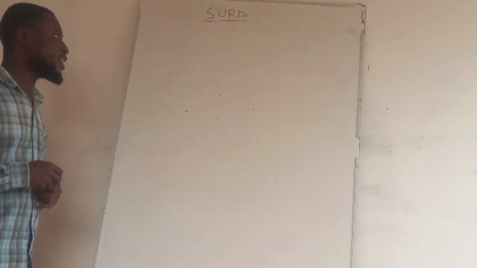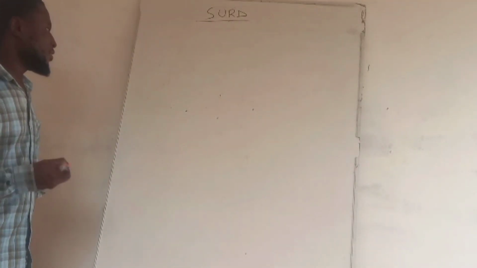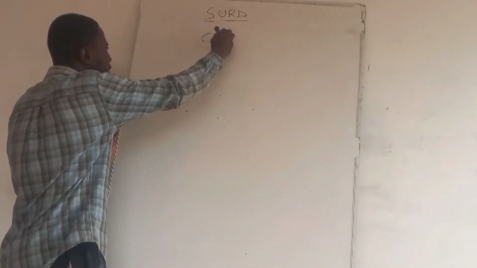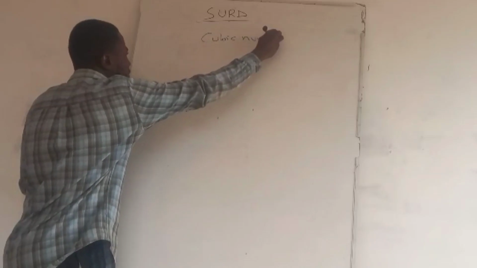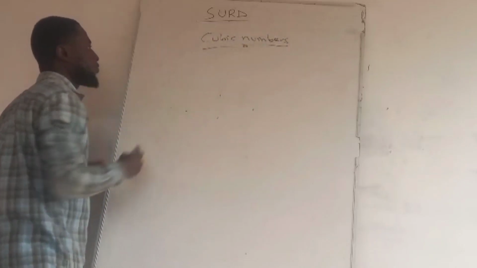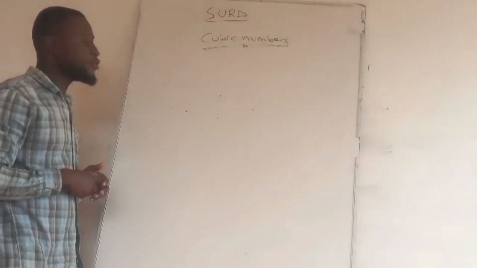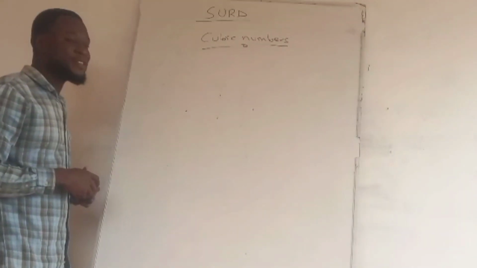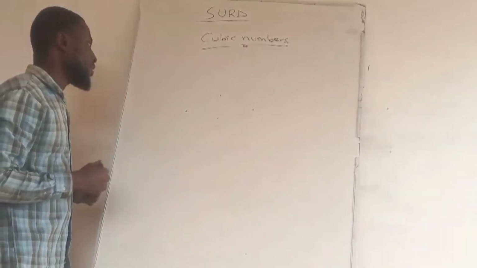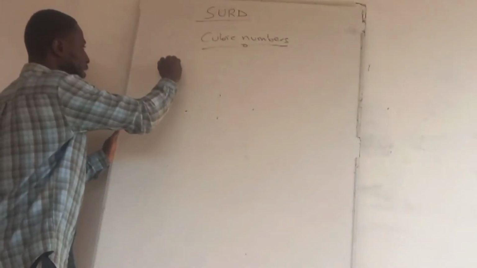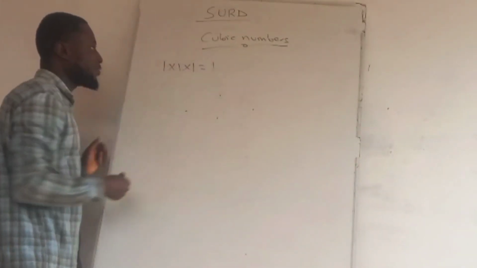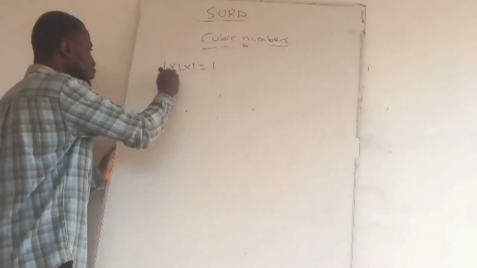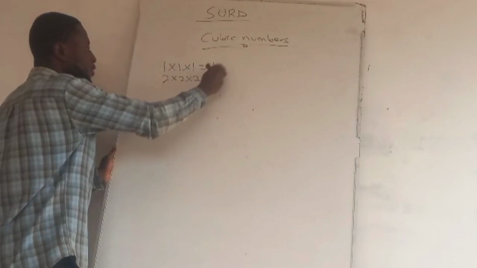So let's start by looking at the cubic numbers which are considered as sets. First of all, you have to know your cubic numbers. When we say cubic numbers, we are talking about a number which is being multiplied by itself 3 times. So 1 times 1 times 1, you get 1. So 1 is a cubic number. 2 times 2 times 2, you get 8.